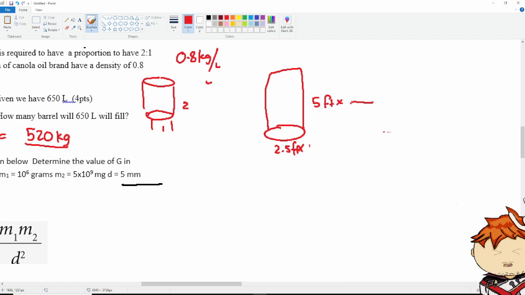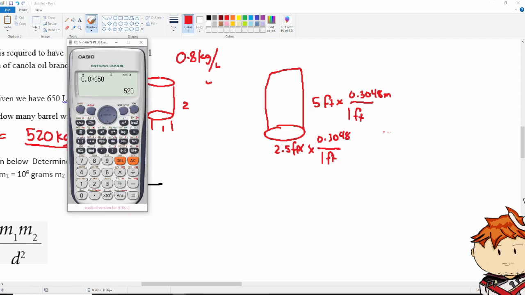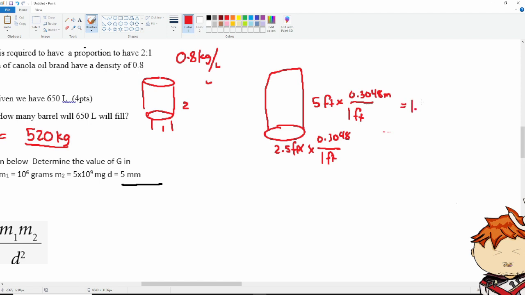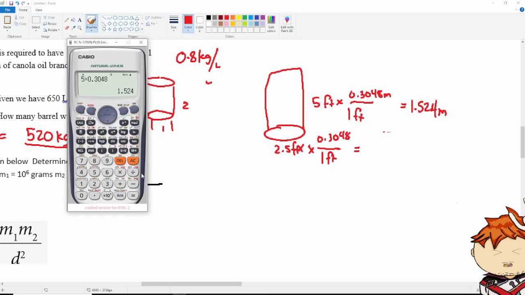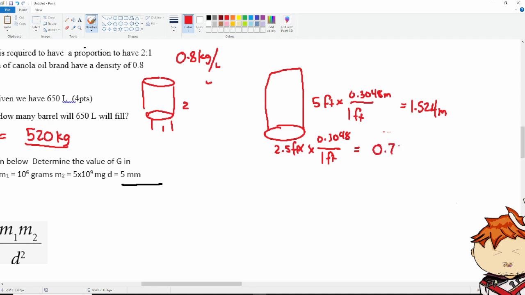So 5 feet, 1 foot is 0.3048 meters. Convert 5 times 0.3048, that's 1.524 meters, and the half is 0.762 meters.